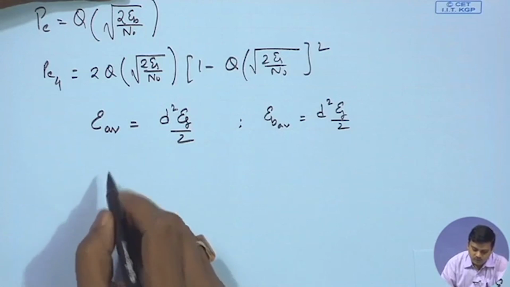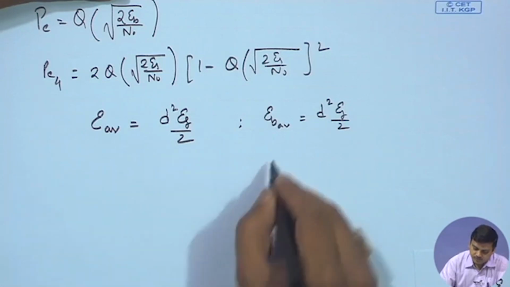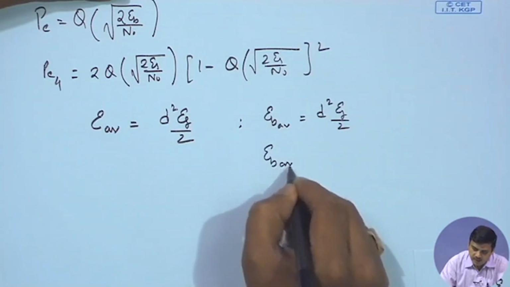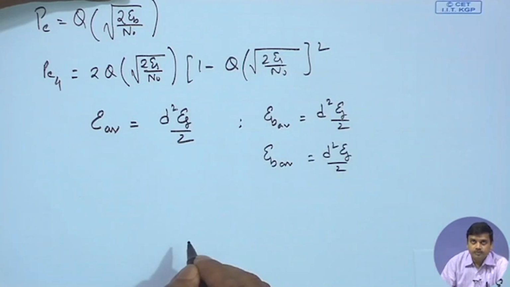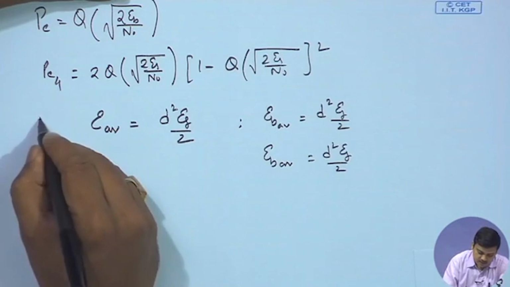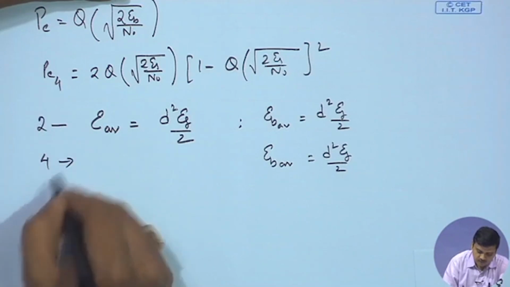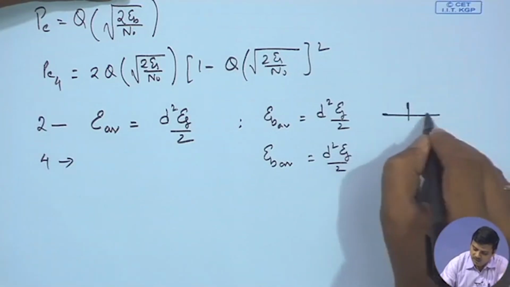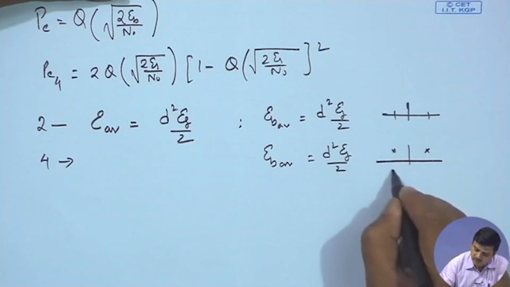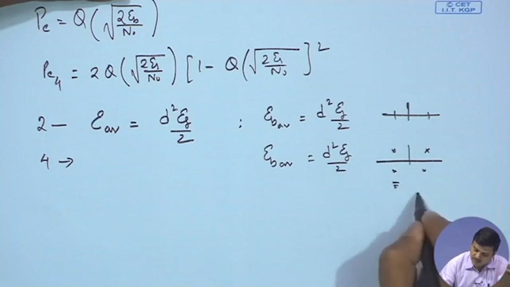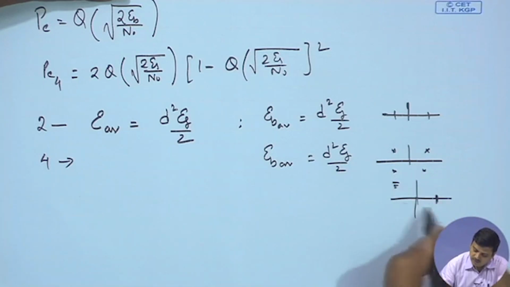When you move to the 4 level constellation, you will again find Eav is equal to d squared Eg by 2. So, interestingly, this is for 2 level, this is for 4 level. That means, here we have BPSK, here we have QPSK. This has an equivalent form in terms of constellations here.